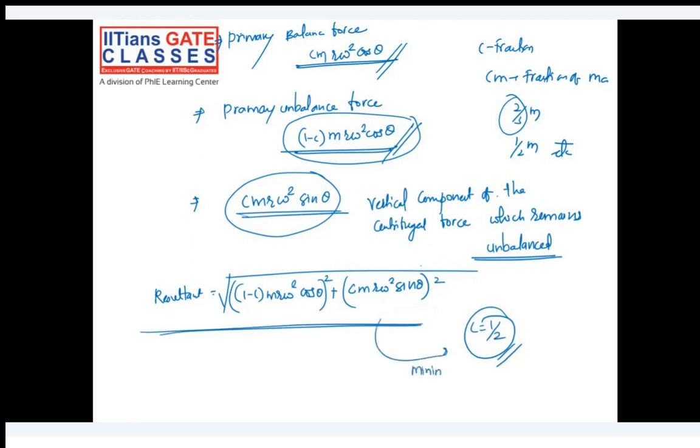But you have to take into consideration that unbalanced forces in the direction of the line of stroke are more dangerous compared to those perpendicular to the line of stroke. So this is a very important line. I'll write here. In reciprocating engines, why are we making that compromise?